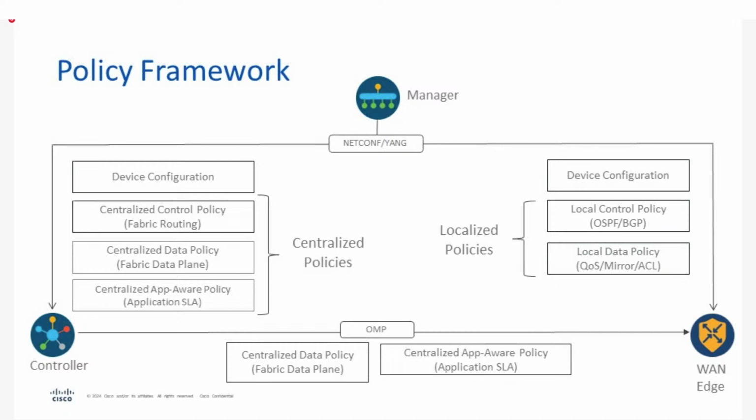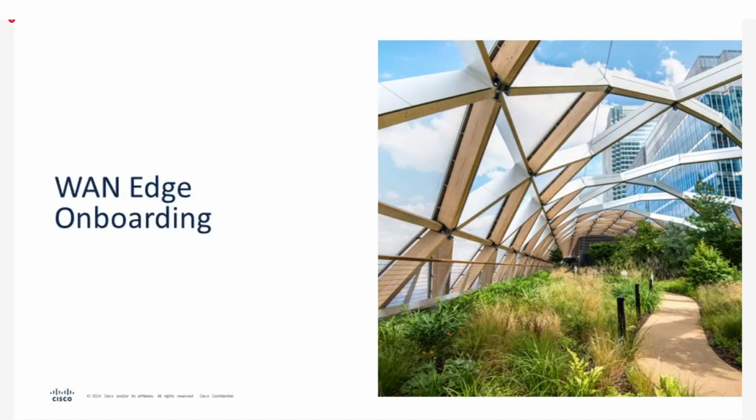Localized control policy is also called route policy, which allows for manipulation of BGP, OSPF or EIGRP routing behavior on a particular site. And the localized data policy here is a form of access list or QoS control policy that can be configured on the router directly.